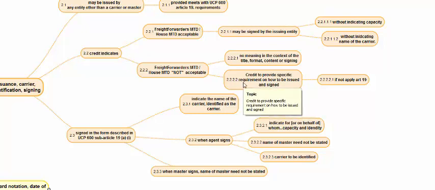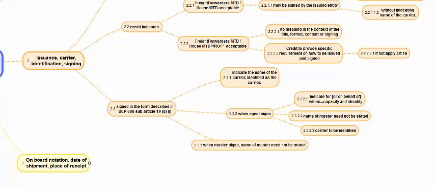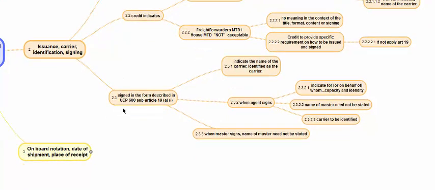If the credit does not explain this and just says document not acceptable, then it has no title, format, content or meaning with respect to the transport document. If this is not clarified, Article 19 will be applicable for checking those documents, because this clause in the credit will have to be discarded.